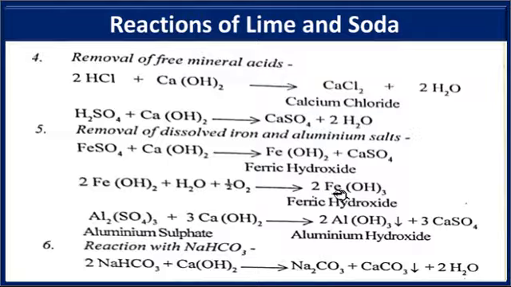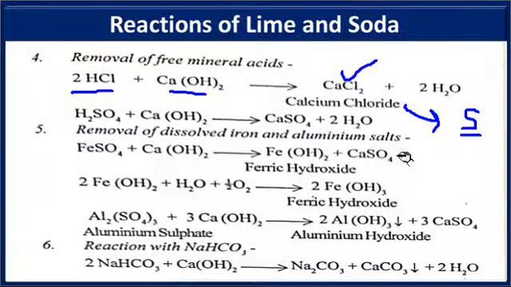Now, next is the removal of the free mineral acids from the hard water. The free mineral acids are hydrogen chloride and the sulfuric acid. So when we add lime to the hard water sample which contains HCl and H2SO4, the lime reacts with the HCl and forms the calcium chloride, which is the permanent calcium hardness, which requires soda for its removal. So whenever HCl is present in the water, we must mention that it requires lime as well as soda for its complete removal.